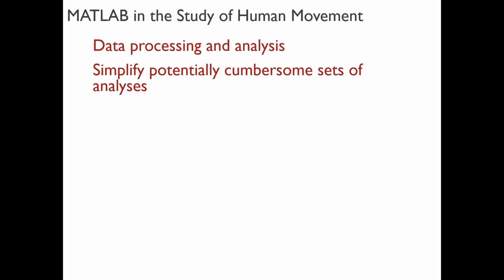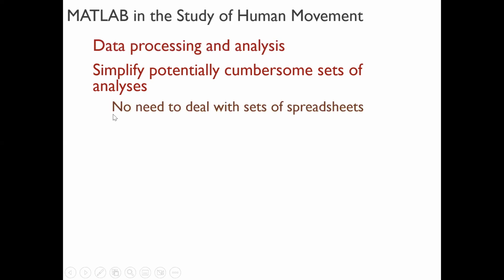You can imagine if you have data taken from, let's say, 10 trials of some movement, and this is motion capture data, and you record that data for 100 participants, it would be extremely tedious to try and process that data using something like Excel, where you need to copy and paste multiple columns and so on. So programming is really a way that we can make these processing steps more repeatable and robust, and even process our data much more quickly.